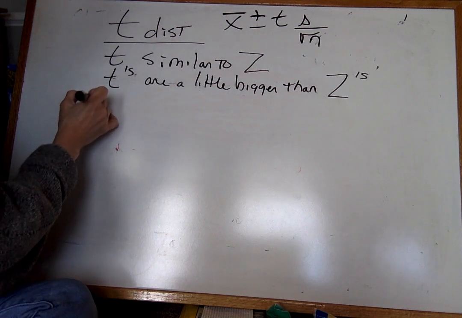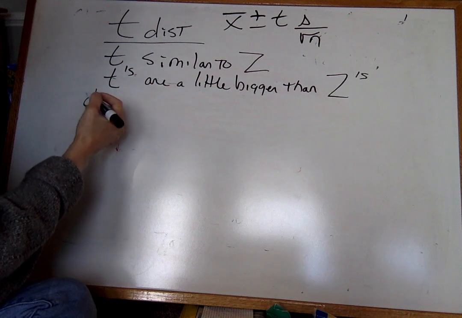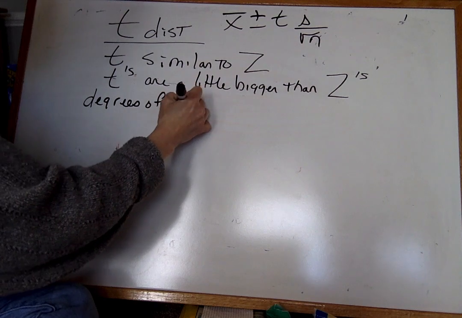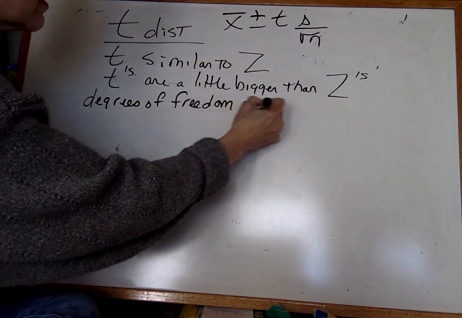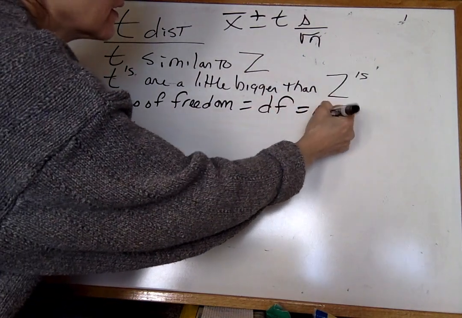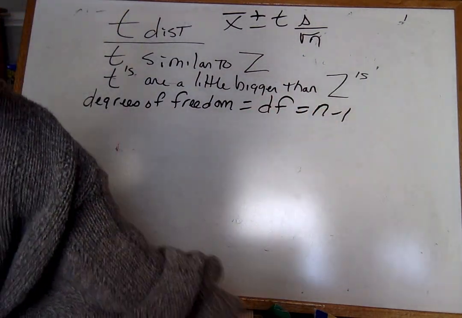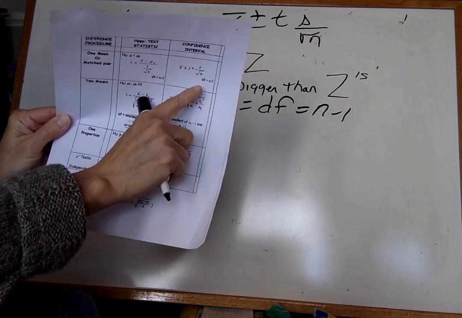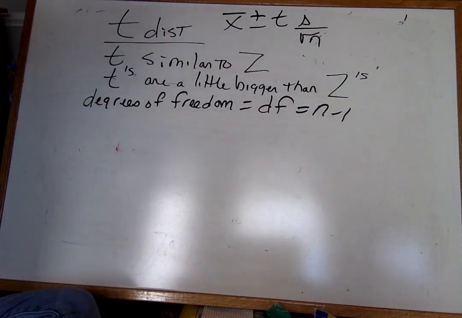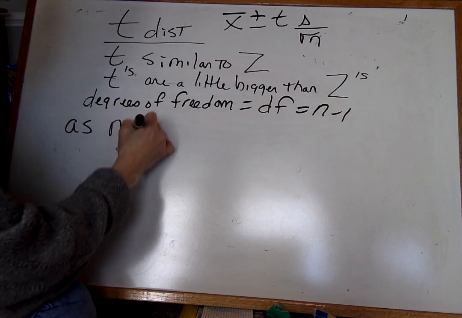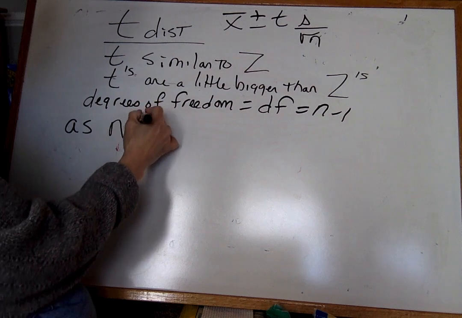The only thing that you need to know in order to use our confidence interval chart is something called degrees of freedom. We're not even going to talk about what that means. It's DF for short. By formula, it is sample size minus 1. You don't even have to memorize that because that is on the cheat sheet also. One other little comment.